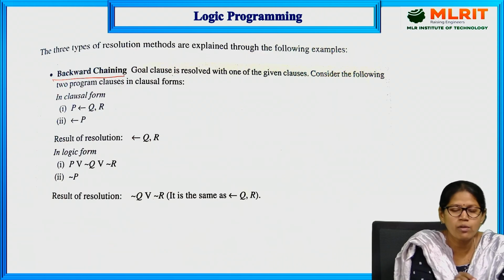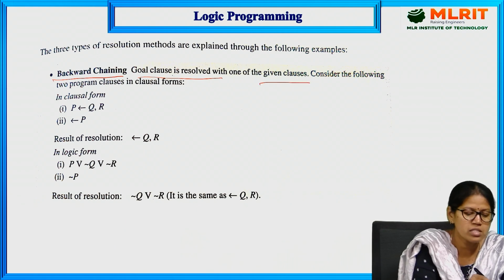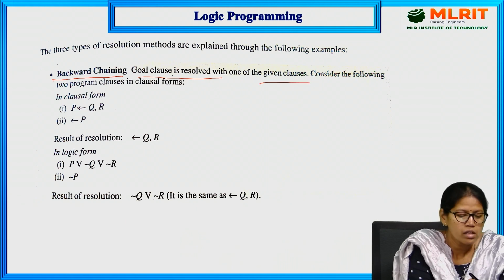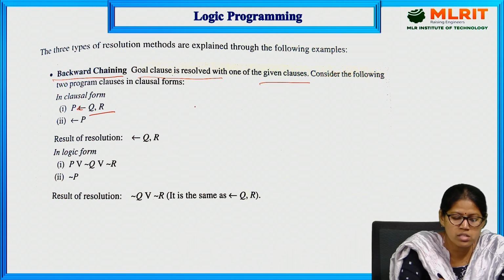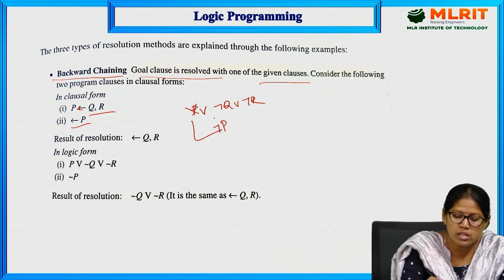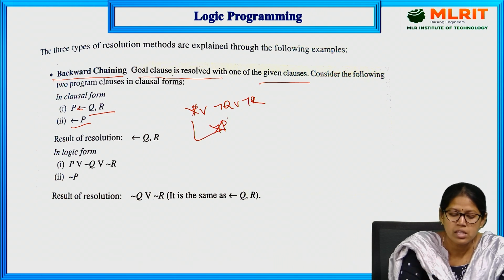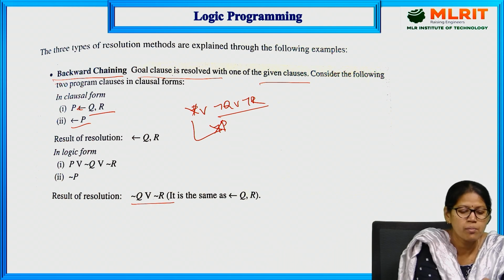So the first one, backward chaining. The goal clause is resolved with one of the given clauses. Let's see the first one: P implied by Q, R. So the result is Q, R, because P or negation Q or negation R. Next, the goal is only negation P. With this, we can resolve these two, P and negation P. The resultant is negation Q or negation R. That is backward chaining.